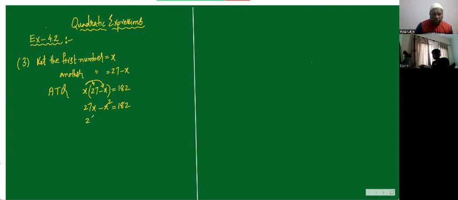Taking 182 to this side and multiplying through by the minus sign, we get x square minus 27x plus 182 is equal to 0. For this quadratic expression, find the factors and tell me the answer.